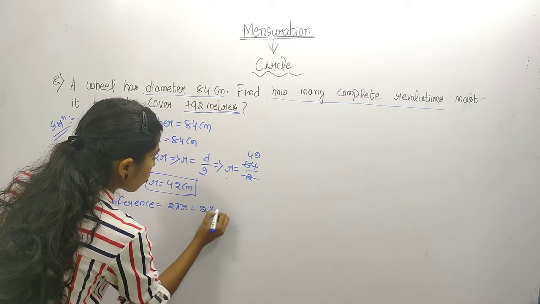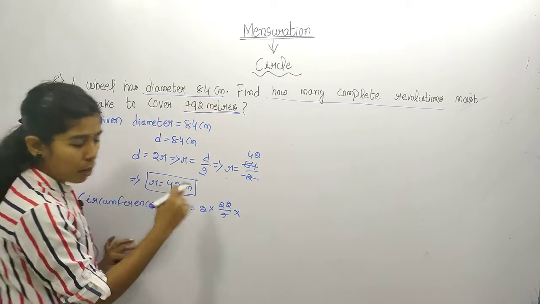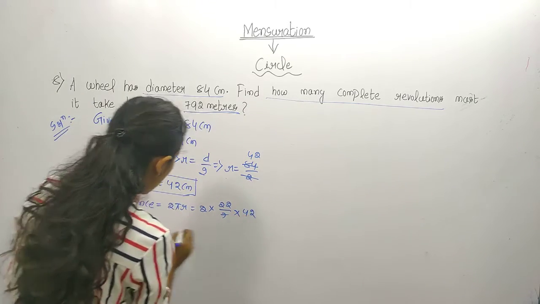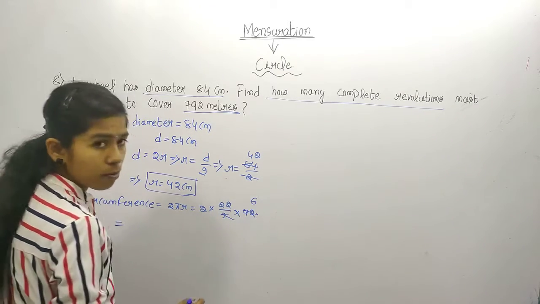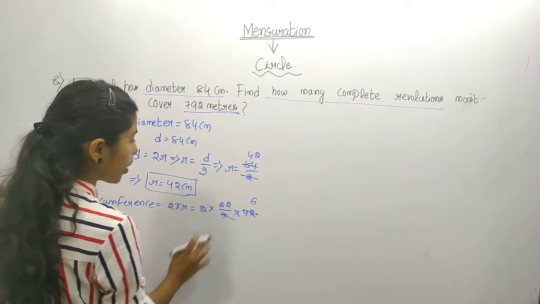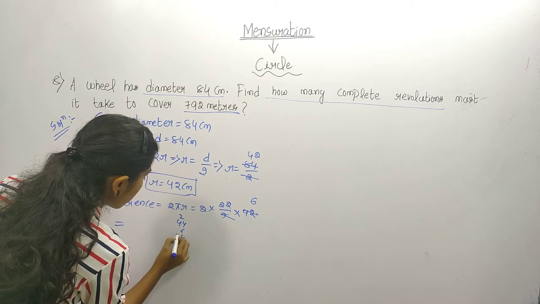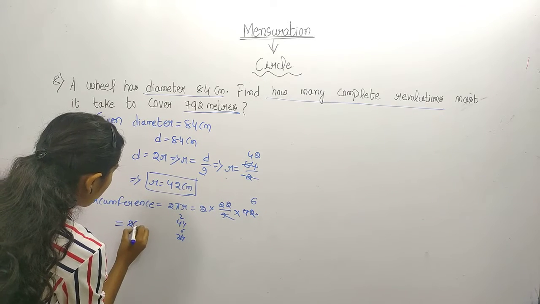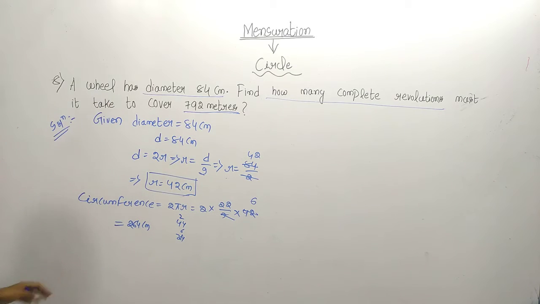So 2 into pi, which is 22 divided by 7, into the radius we have found, 42. So what will happen? 7 into 6 is 42. 2 into 22 is 44, and 44 into 6 is 264. So 264 cm.